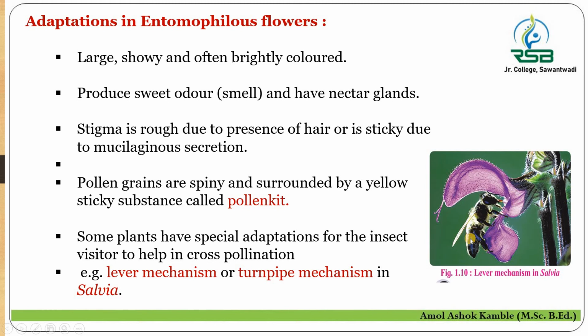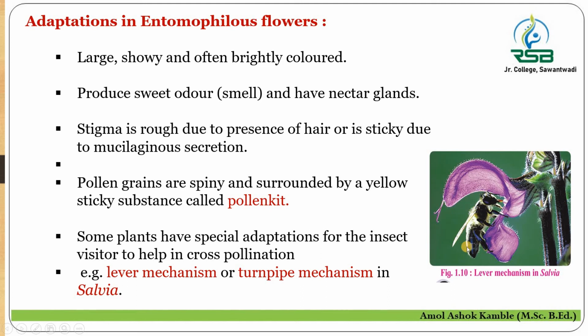side. When this honeybee lands on the salvia flower, automatically by the weight of the honeybee, the sterile lobe of anther bends down. At the same time, the fertile lobe of anther bends, and that anther lobe comes in contact with the back side of the honeybee, which takes the pollen grains from that fertile lobe of anther.